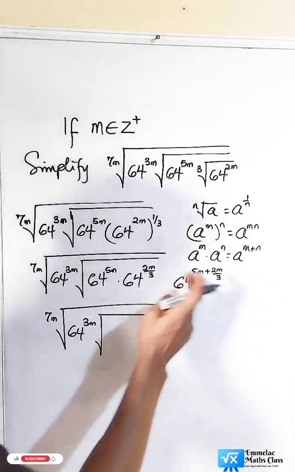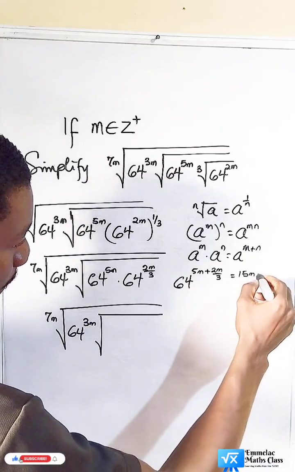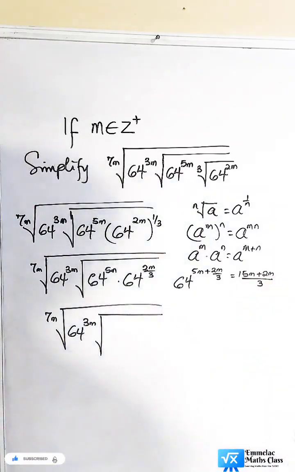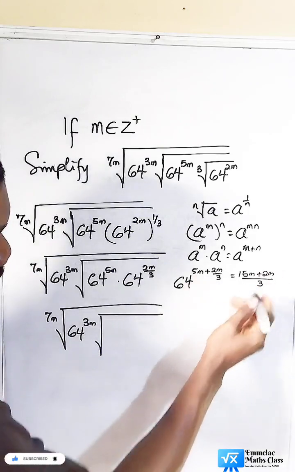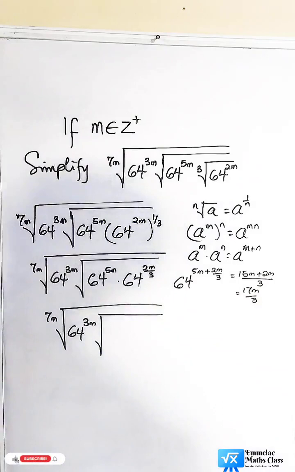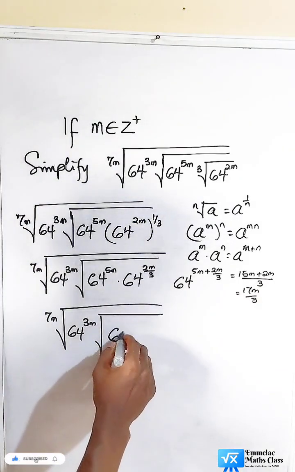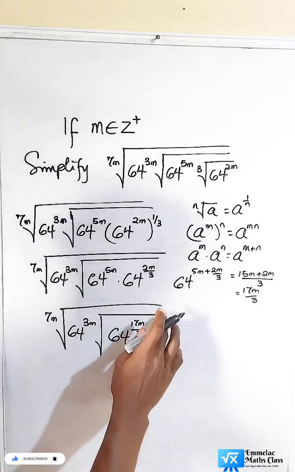Now adding this up, this is simple as saying 15m plus 2m all over 3. In just a shortcut, just multiply 3 by 5, and here you have it. You end up having 17m all over 3. So the whole of this square root here becomes 64 raised to the power of 17m all over 3.